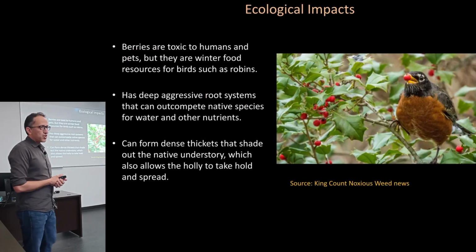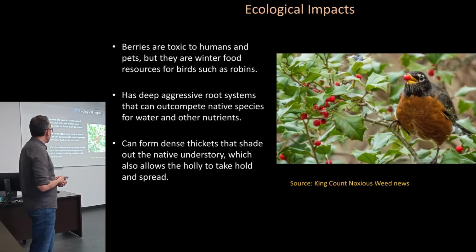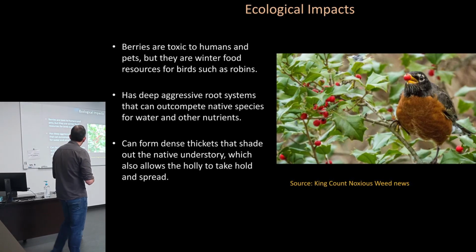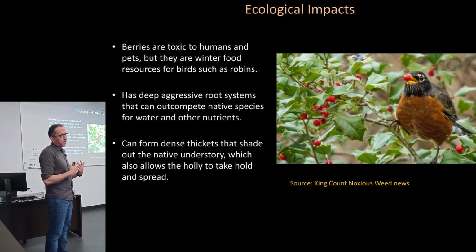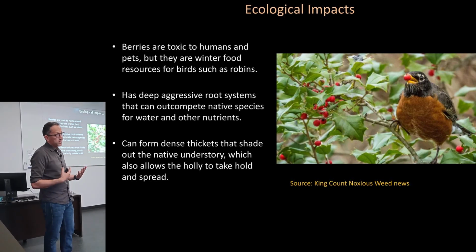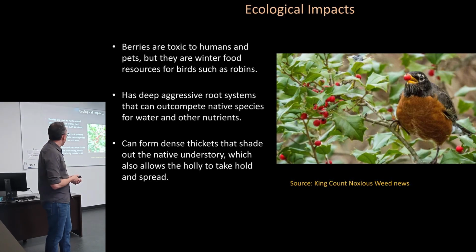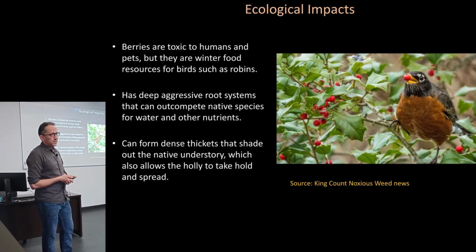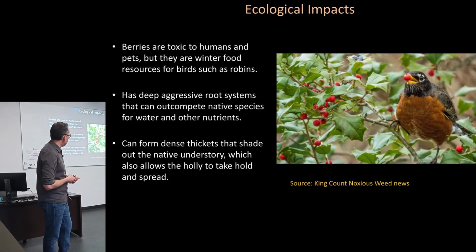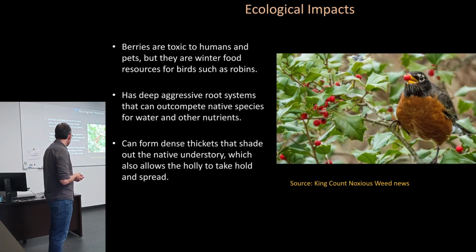Now, what are some of the ecological impacts of English holly? As we probably know, the berries are not edible by humans. They're toxic to us and toxic to pets. But robins really like those, and probably robins are one of the main dispersers of holly seeds nowadays.